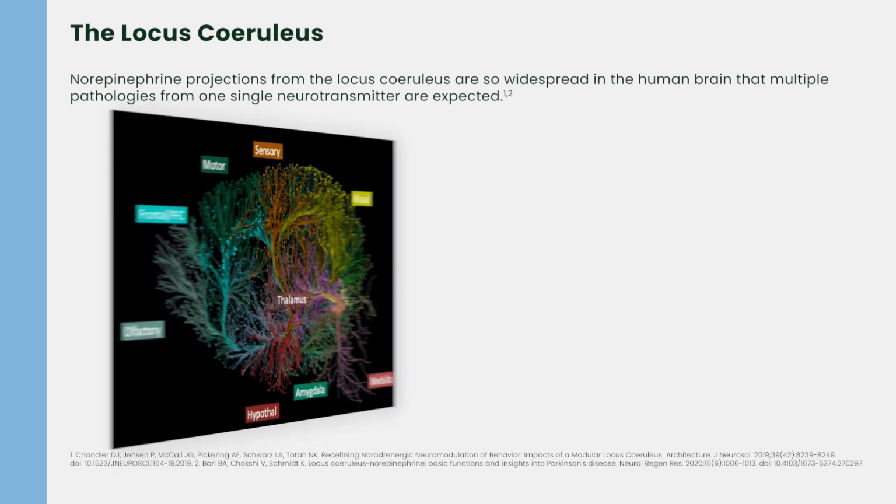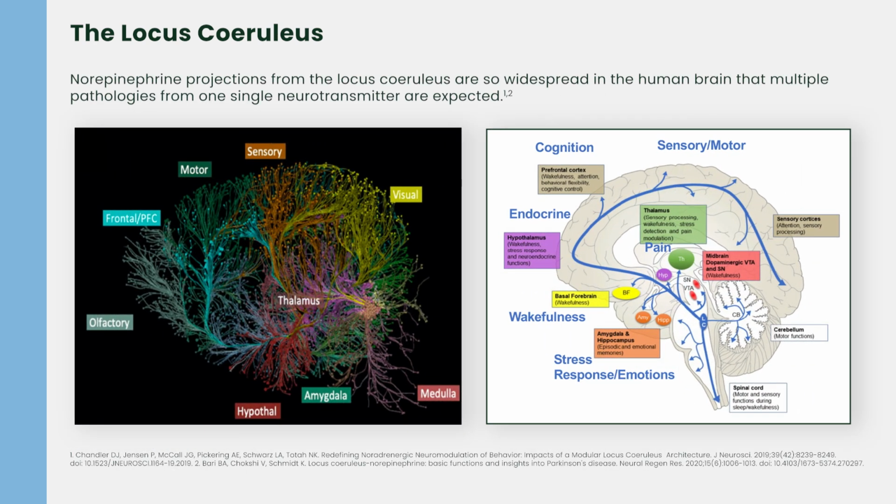By the way, norepinephrine has a home base. It's the locus coeruleus. It's very important for those of us interested in mental health to get to know these neurons that live in the midbrain, and from here we get projections all over the brain and also down into the body so that norepinephrine can exert its control.